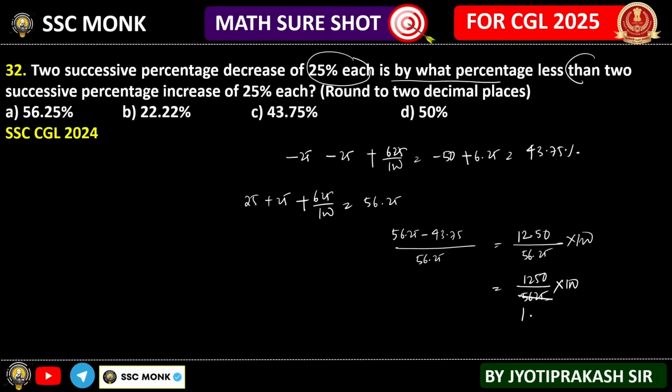Dividing by 5, then again by 5, then again by 25, this is 200 by 9. 100 by 9 is equal to 11.1111, so 200 by 9 is equal to 22.22%. That is option B. Clear?